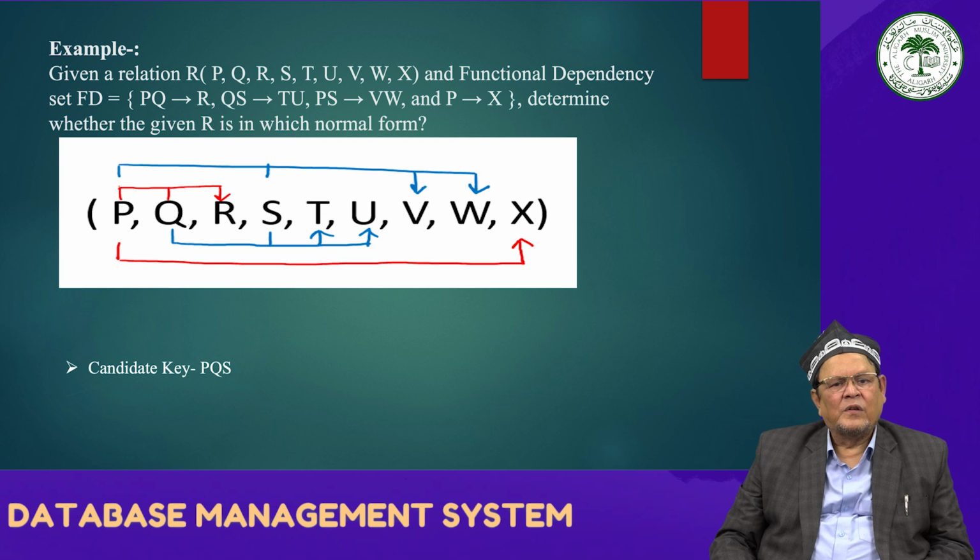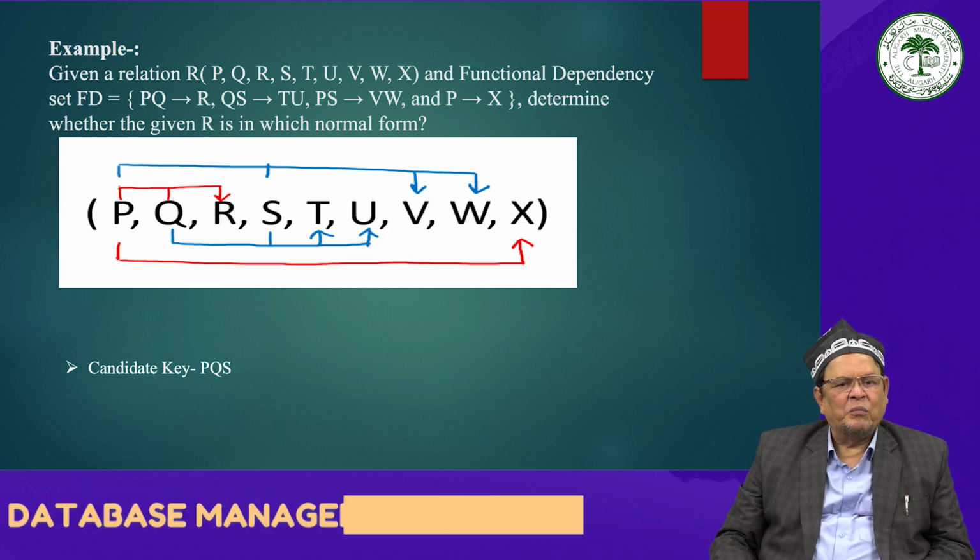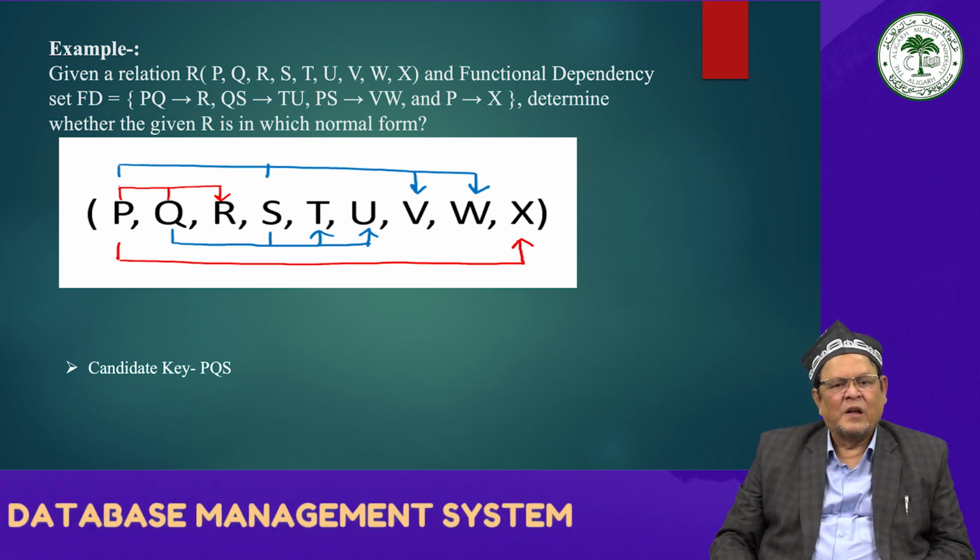Now let's take one more example, in which we are given relation R(P, Q, R, S, T, U, V, W, X) and functional dependency sets PQ determines R, QS determines TU, PS determines VW, and P determines X. Here we have to determine the candidate key of the relation.